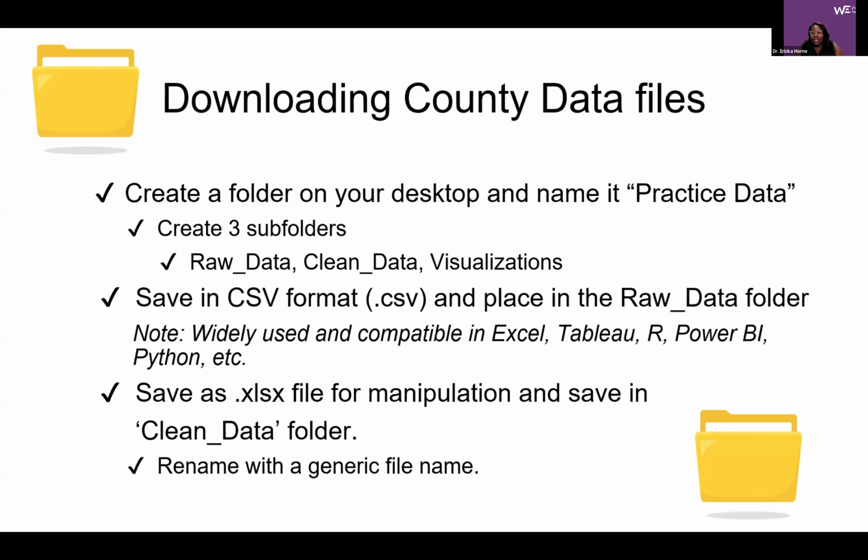I also recommend that you put an underscore with the date that you're saving it. So for example, I would name mine places_county_05/28/2025. That way I know what day I saved it and started the manipulation for this specific data set.